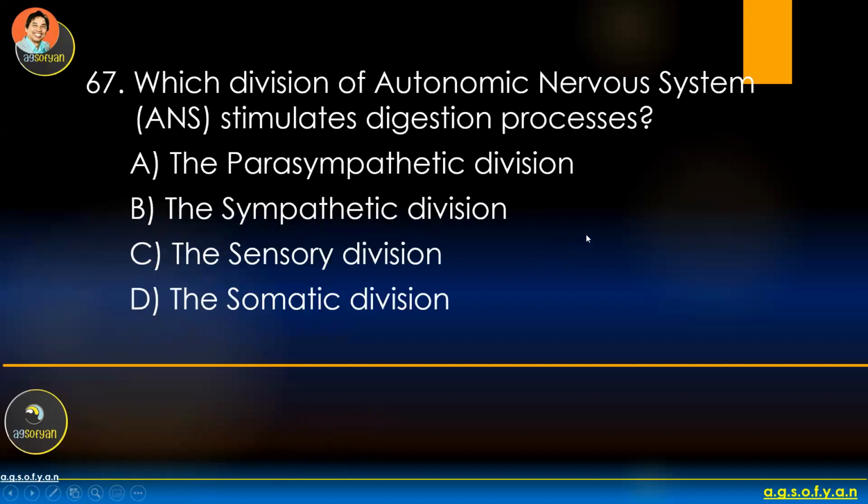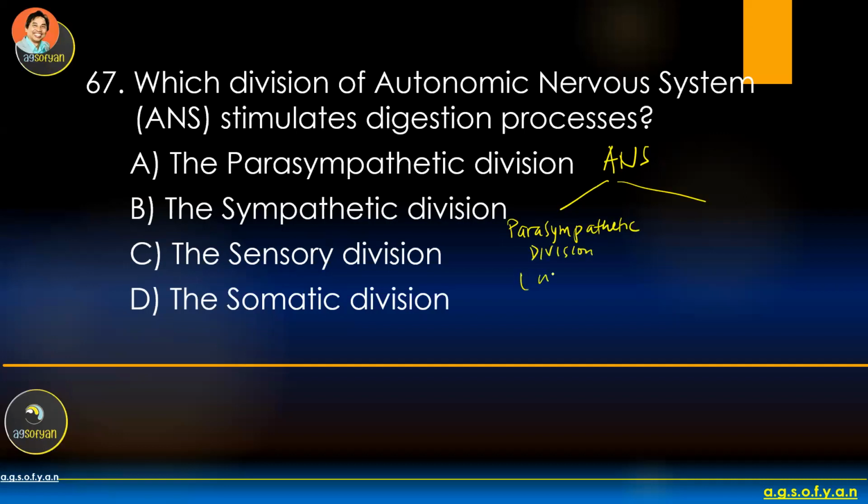Which division of the autonomic nervous system, or ANS, stimulates the digestion process? A, B, C, or D? Remember in Bio 137 we talked about ANS. This ANS actually consists of two divisions. The first one, during normal time, is called the parasympathetic division.